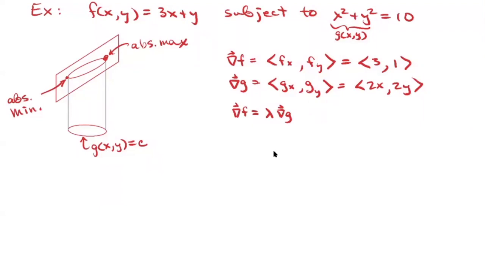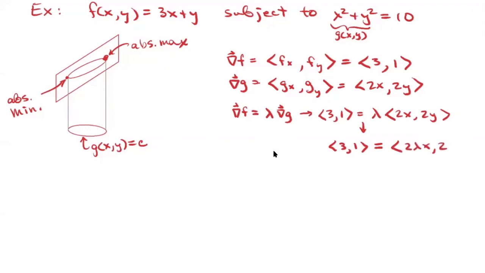All right, so let's see here. Gradient of f is 3, 1, and this is equal to lambda times the gradient of g. That would be 2x, 2y. And if you want, you could write that as 3, 1 equals 2 lambda x and 2 lambda y.